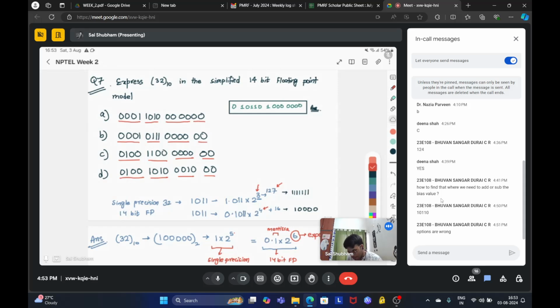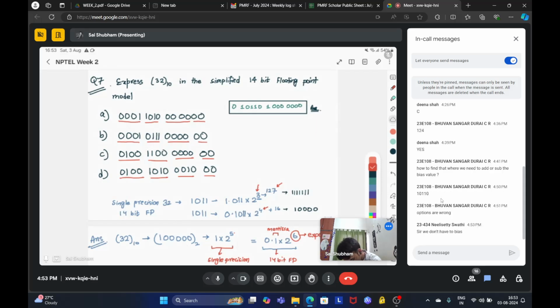So the options are actually wrong. If you see, I think this one is pretty close to your answer. Only had this bit been 1, it would have been the right answer.